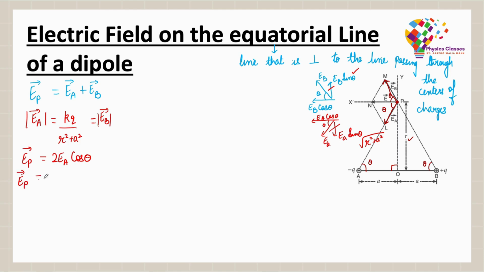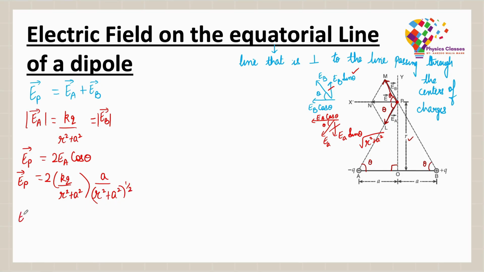We have 2 times EA, which is KQ by R square plus A square, and then the value of cos theta from the triangle AOP. In triangle AOP, you can very easily see that cos theta can be written as A upon the square root of R square plus A square, that is, A upon R square plus A square to the power half, or you can put it under the root, that's your choice.